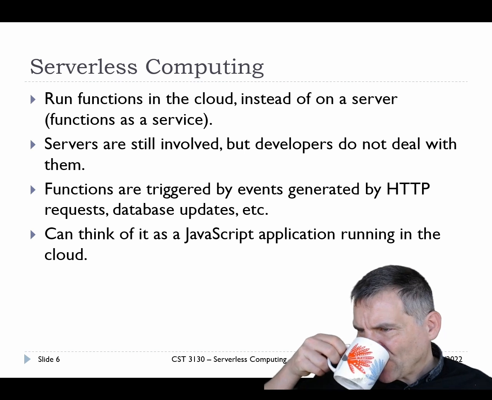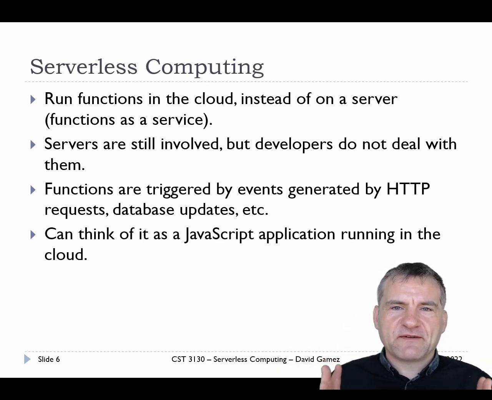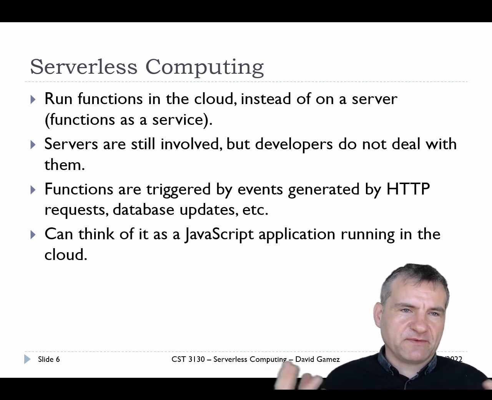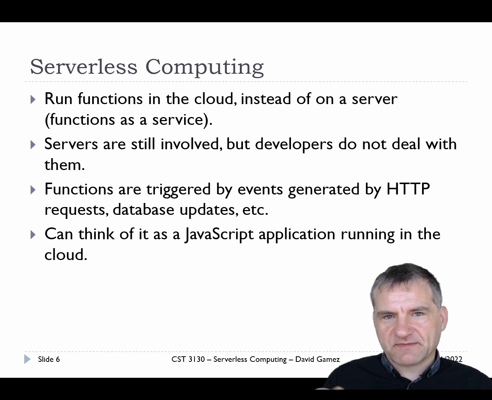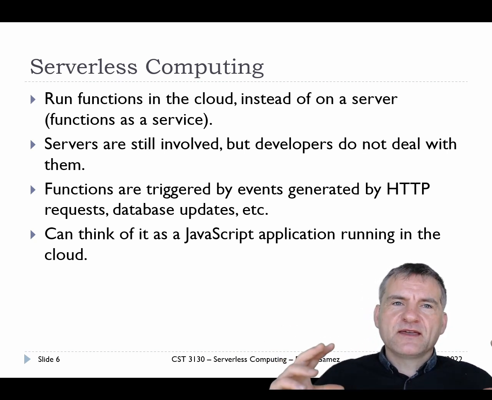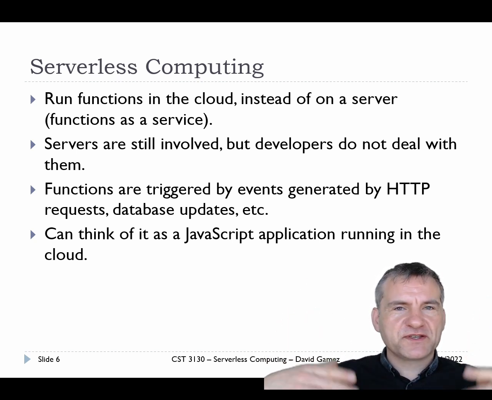One quite helpful way of thinking about this is as a JavaScript application running in the cloud, assuming you're writing this in JavaScript. Serverless functions can be written in lots of different programming languages. But when we're running JavaScript in the browser, we don't have a single loop that just keeps executing.